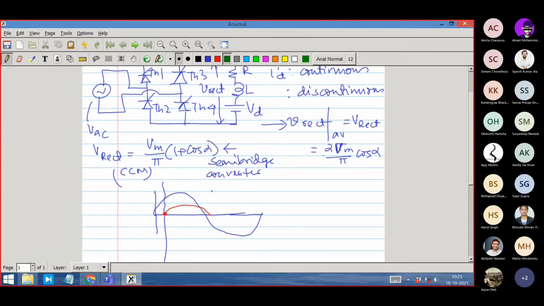This is alpha, and this is alpha plus pi, where the subsequent thyristor firing comes. First TH1 and TH4 are fired, and here TH2 and TH3 will be fired.